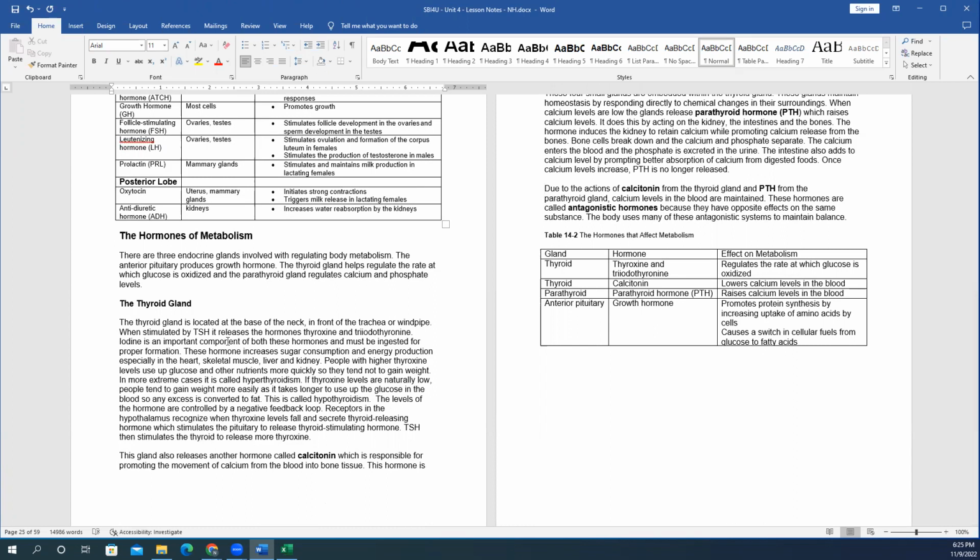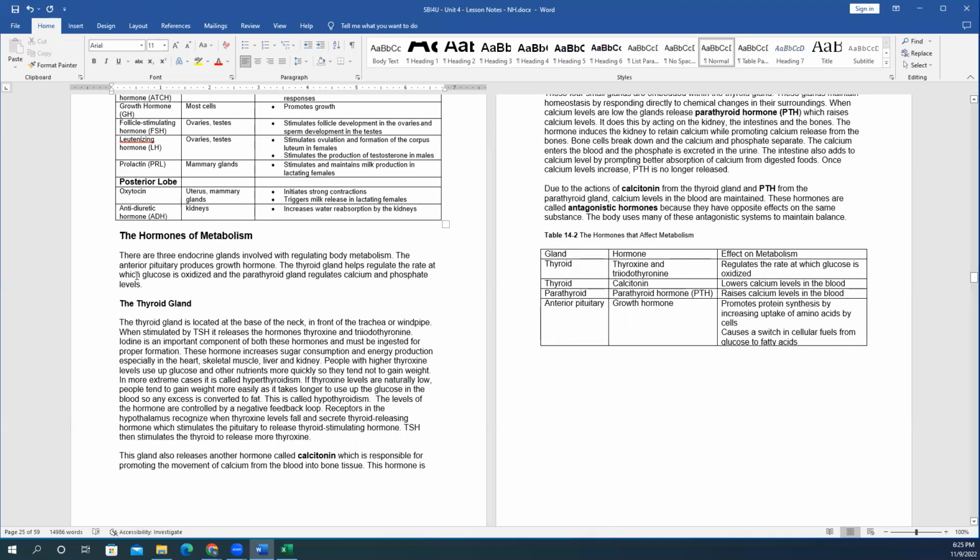So now, hormones that affect metabolism are another important category of hormones. And there is really 3 endocrine glands that are involved with regulating metabolism within the body.